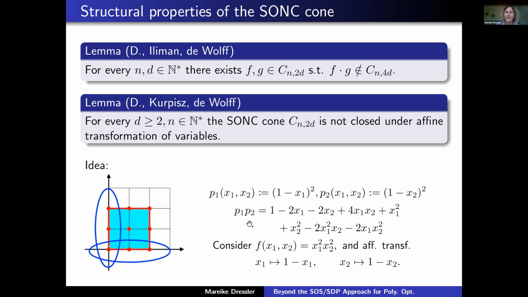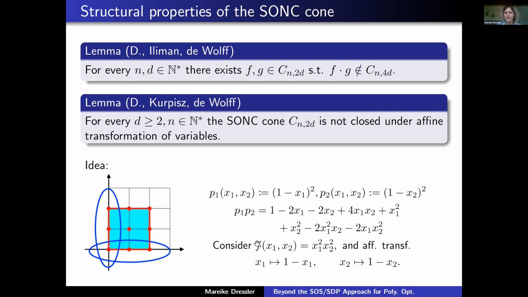So we really have here a product of two circuits that is not SONC anymore, which is a witness for this result. And then the same idea can be used to see the affine transformation of variables.